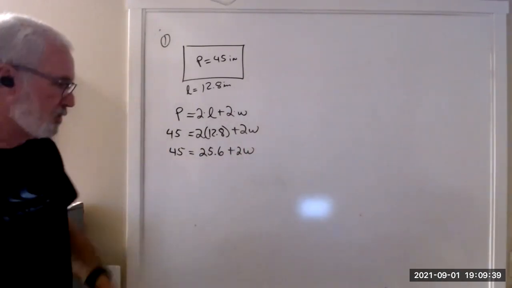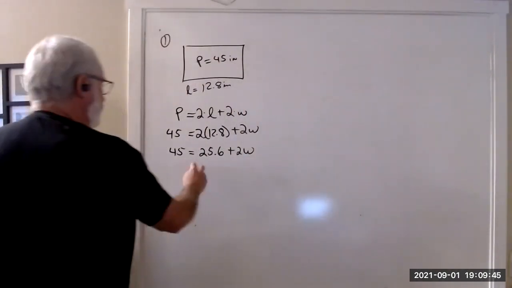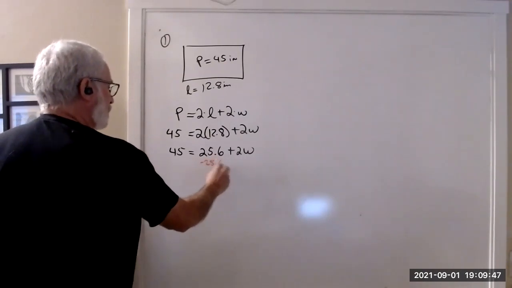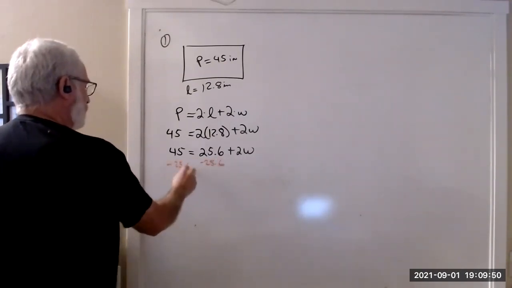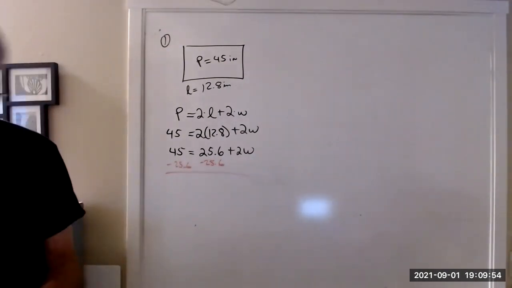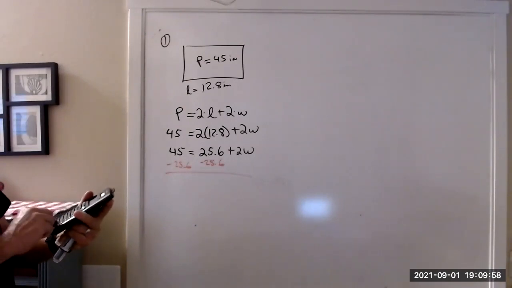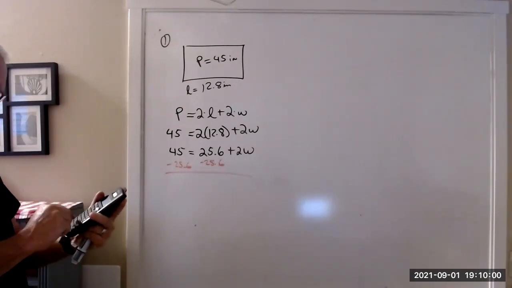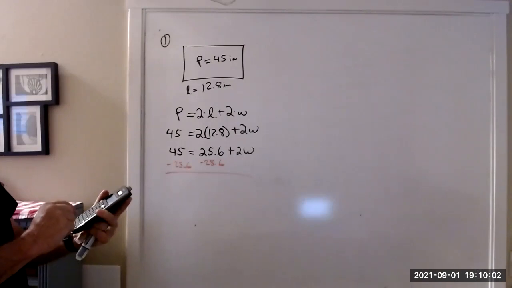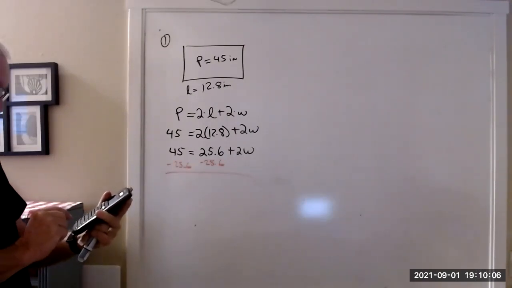Okay. Subtract 25.6 from both sides. Let your calculator do all the work. I think it's something like 14.4, but I don't trust myself. 45 take away 25.6 is 19.4.